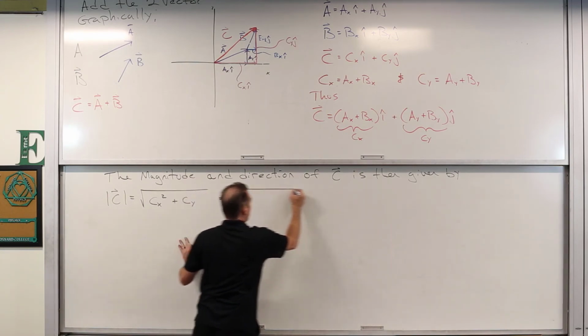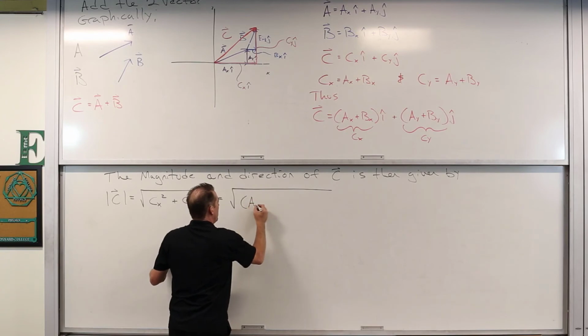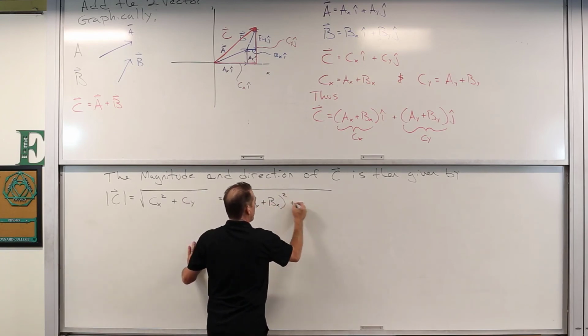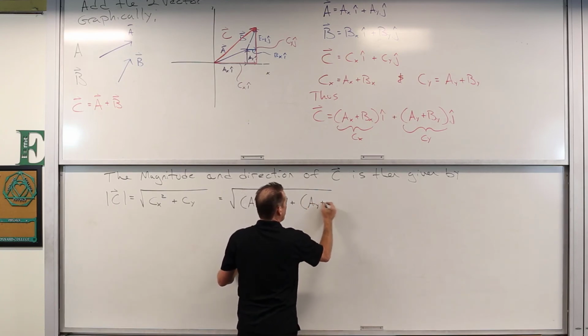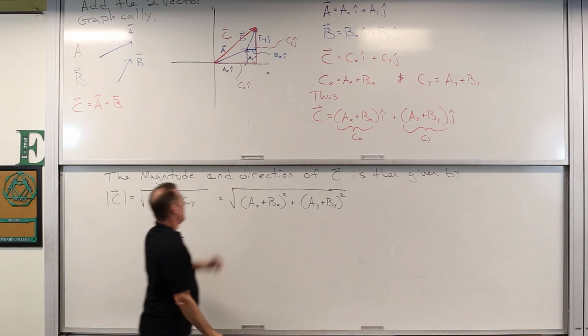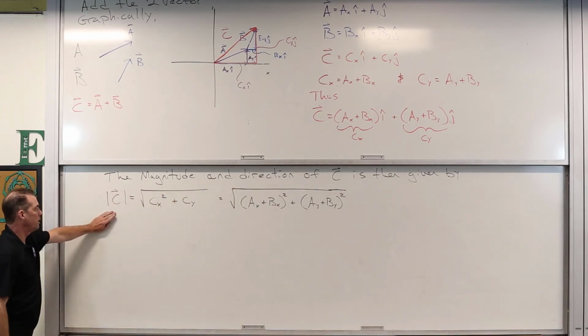So this is then the square root of the quantity A sub x plus B sub x, squared, plus the quantity A sub y plus B sub y, squared. There's our overall magnitude of the resultant vector.